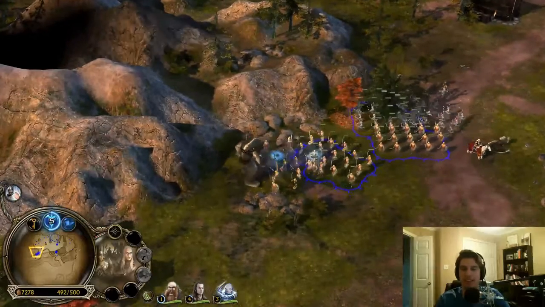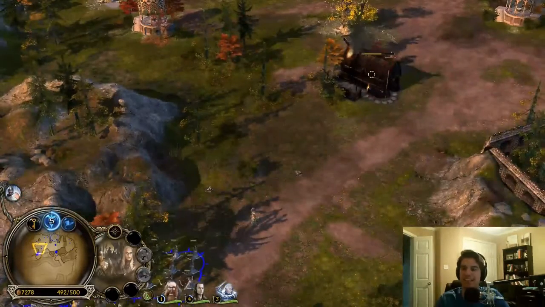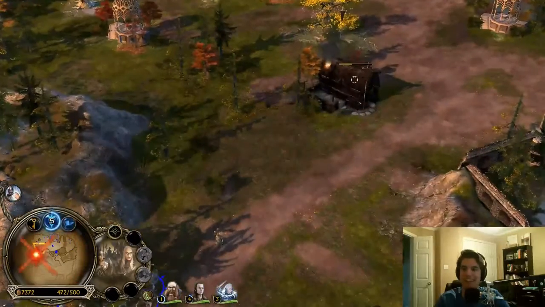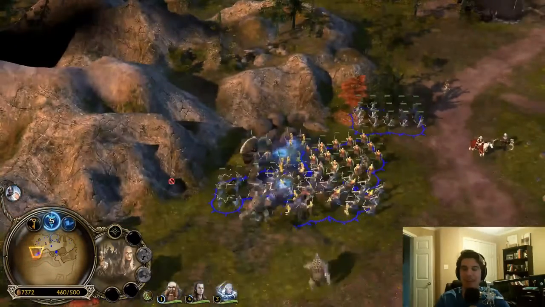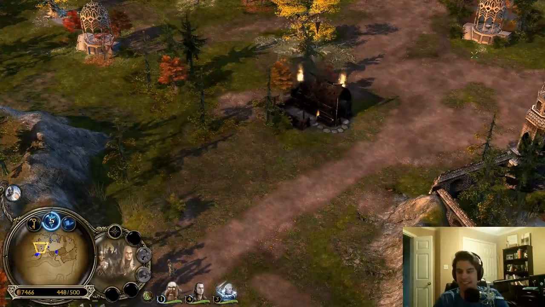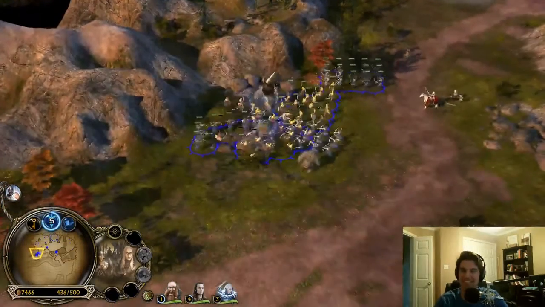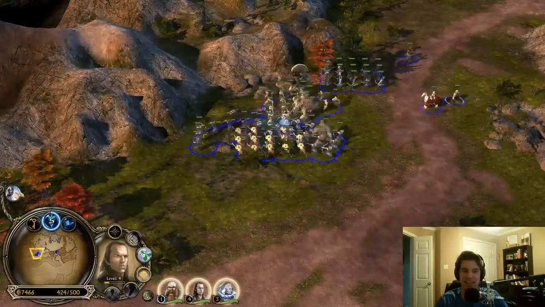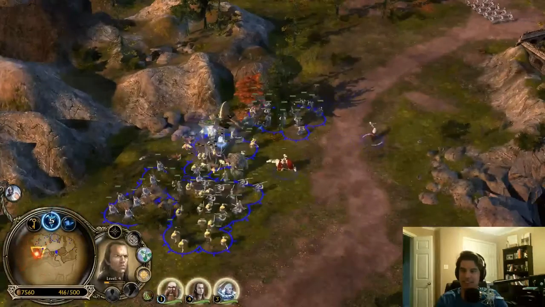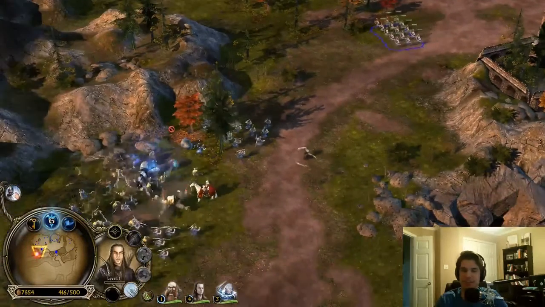Come on. You kidding me? Just get rid of him already. Please. One more rock and that building's gone. Oh, God. That's not good at all. Guess that's the problem with fighting a giant.